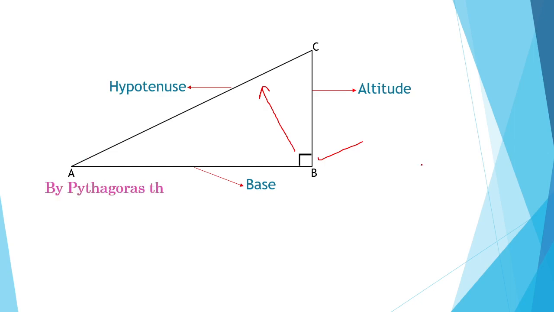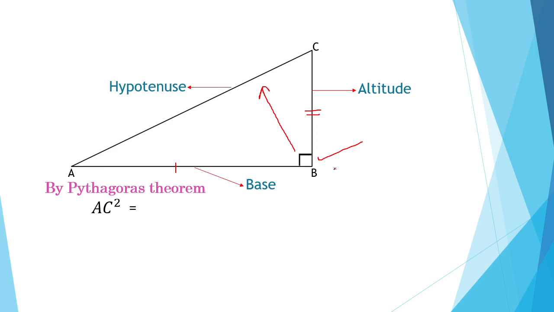Now coming to Pythagoras theorem, and we are applying that theorem. So what is the theorem? The square of the length of the hypotenuse. Hypotenuse is here AC, and square of hypotenuse is AC square. That equals the sum of the squares of other two sides.